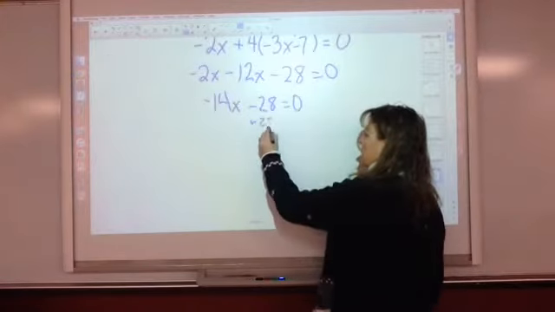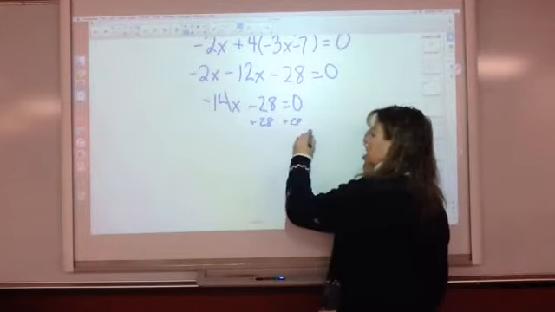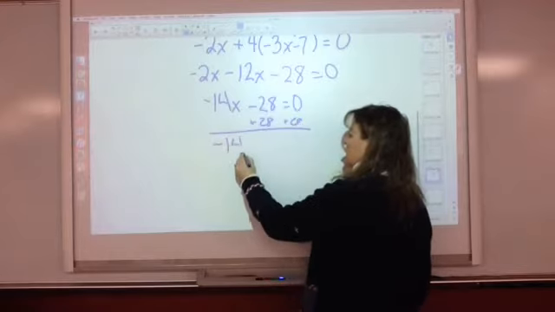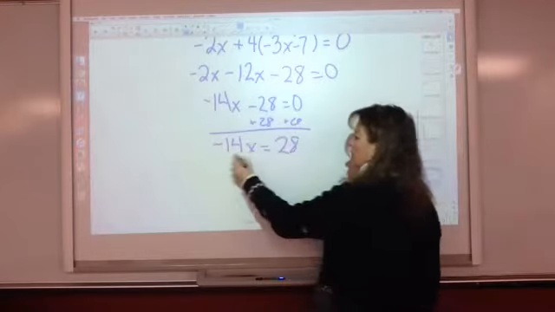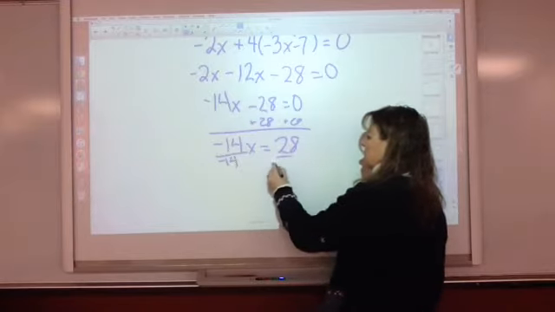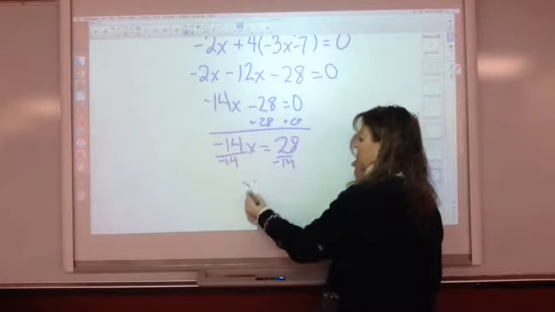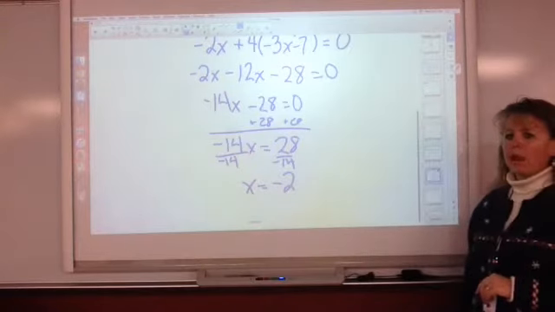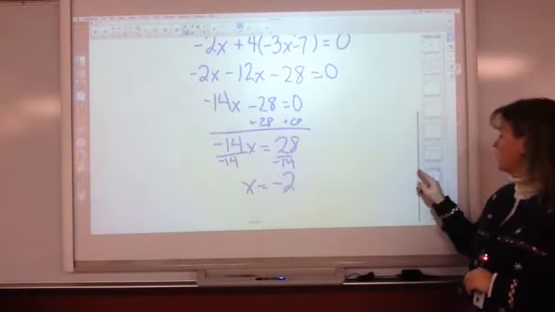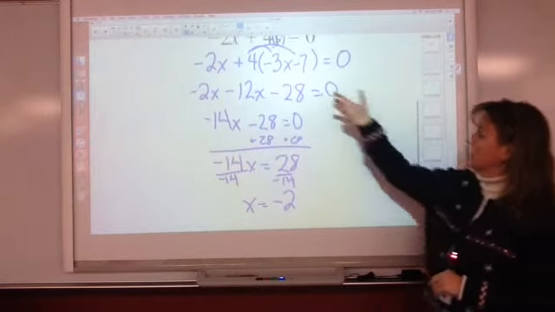Add 28 to both sides, and you get negative 14x equals positive 28. And when you divide that by negative 14, you get x equals negative 2. Again, that's a lot of work for one step.